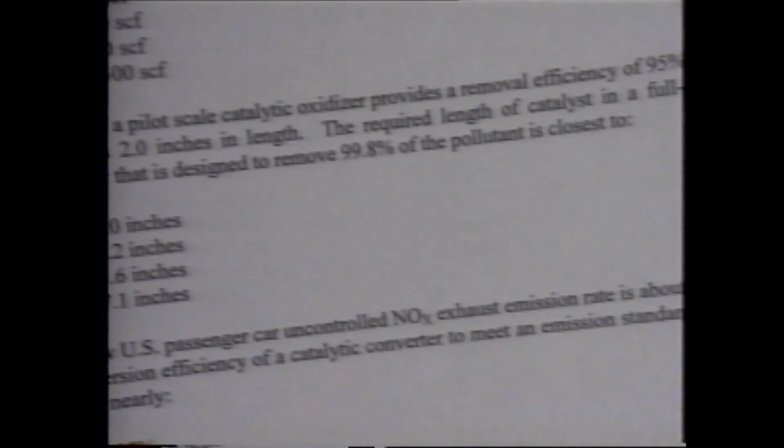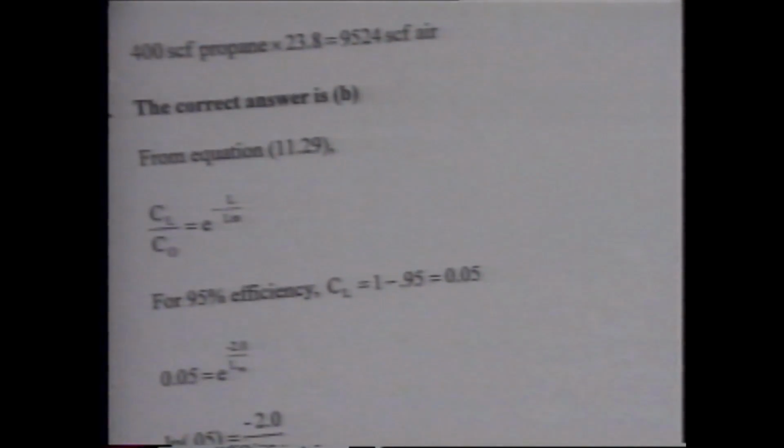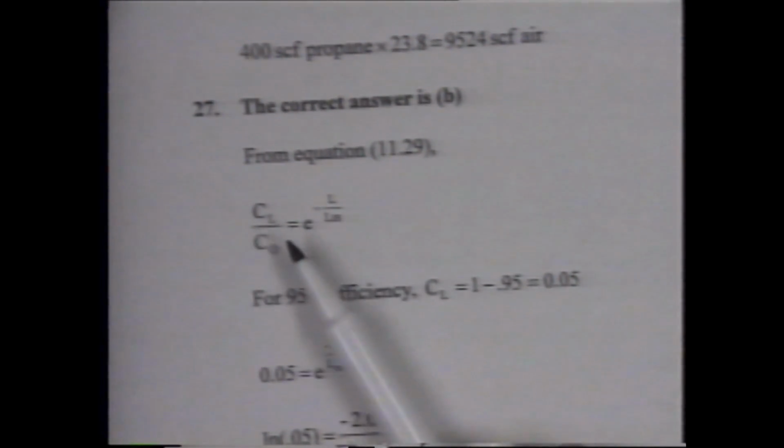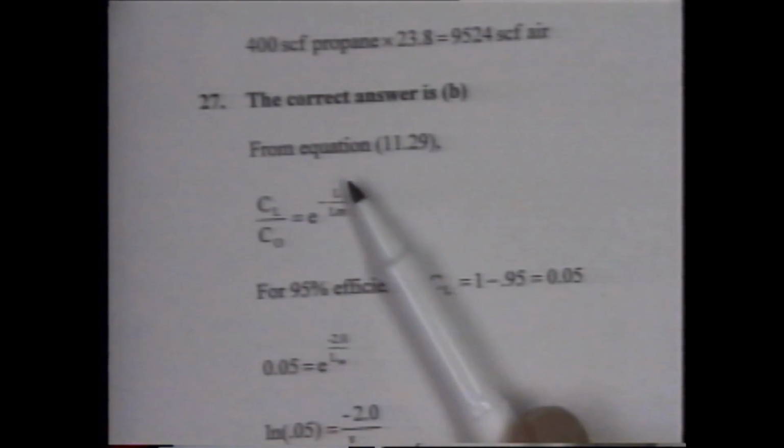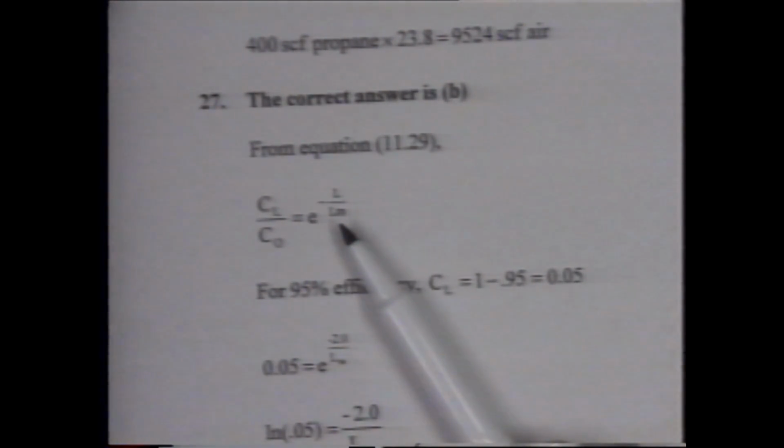Okay, here we have to go back into chapter 11 on combustion and look in the section on catalytic oxidation, and we come up with this equation. The concentration after passing through a length L of catalyst divided by the initial concentration is equal to the exponential of negative L over L sub m.